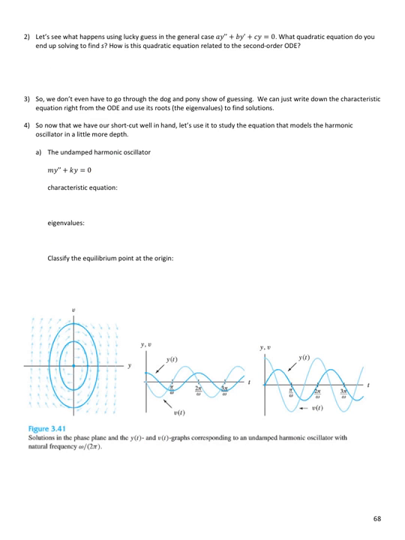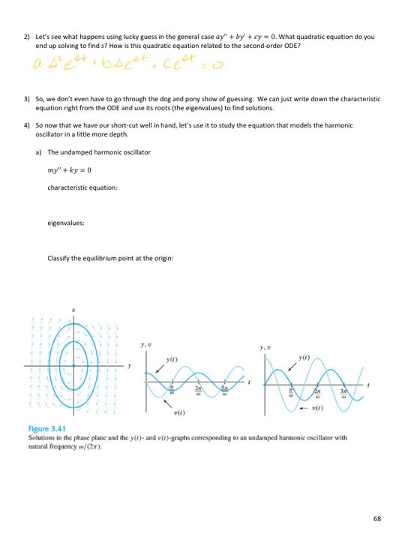Okay, so what happens if we use lucky guess in a general case? So my guess is always e to the st, right? So y equals e to the st. So I'm going to have a times s squared e to the st plus b times s e to the st plus c e to the st equals 0.